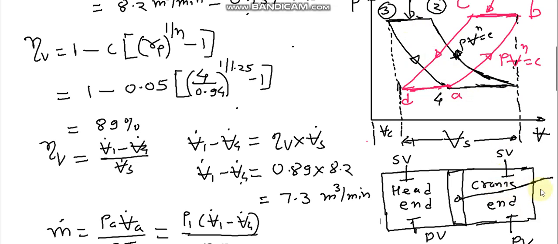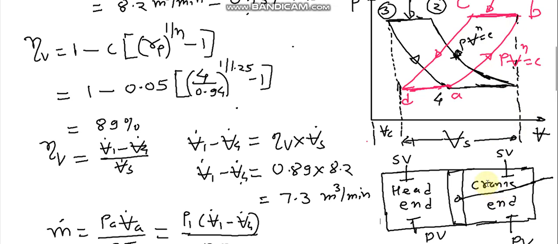When the piston starts moving from crank end to head end, the first process is compression and then delivery. When the piston travels from head end to crank end, there is expansion and then suction.